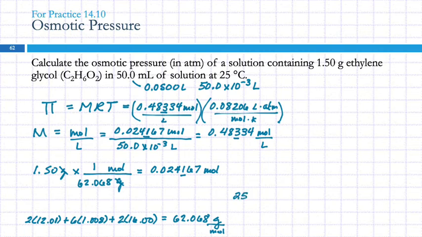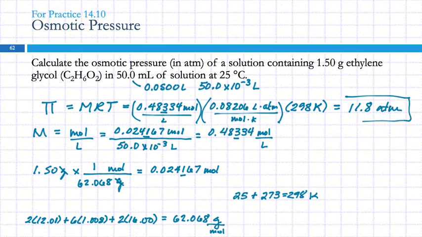So 25 plus 273, 298 Kelvin. 11.8 atmospheres.